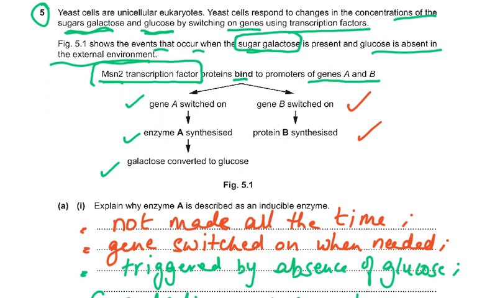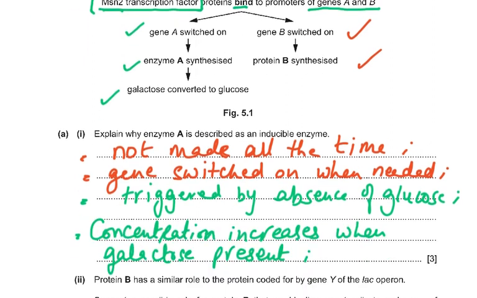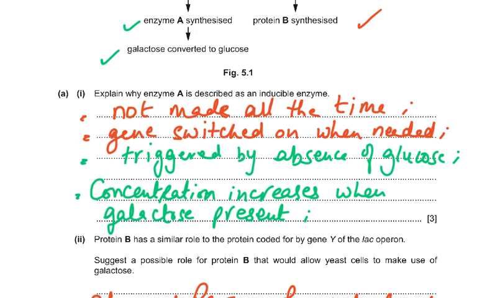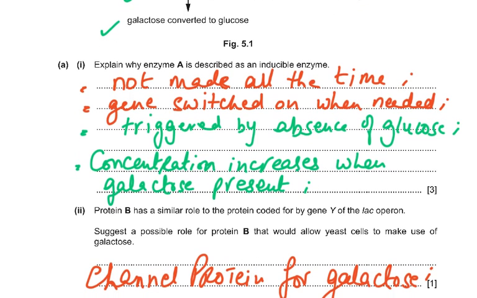Now, the first part of the question says, explain why enzyme A is described as an inducible enzyme. Basically, if you know the definition of an inducible enzyme, you can write this. Inducible enzymes are those which are not made all the time.